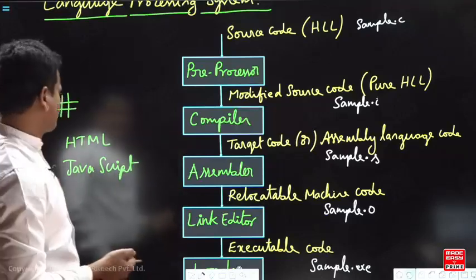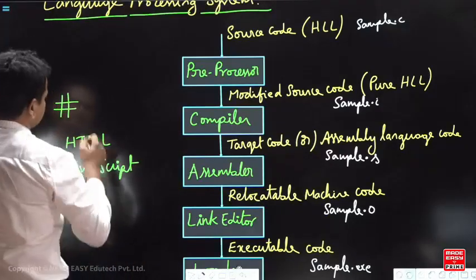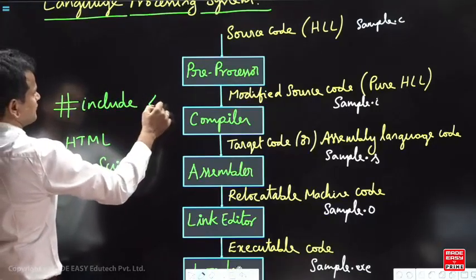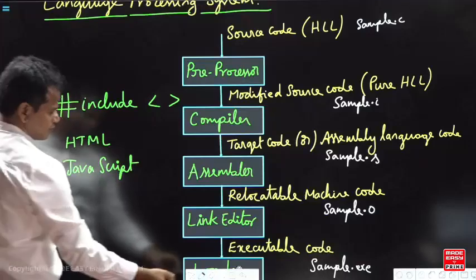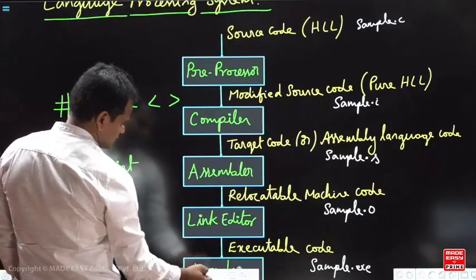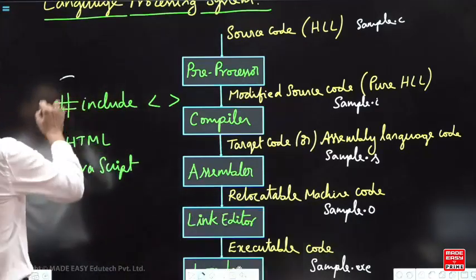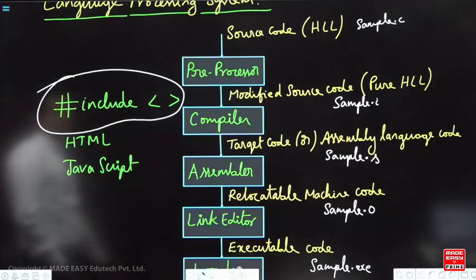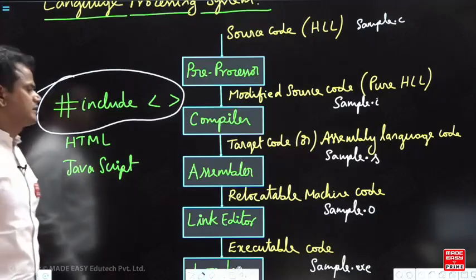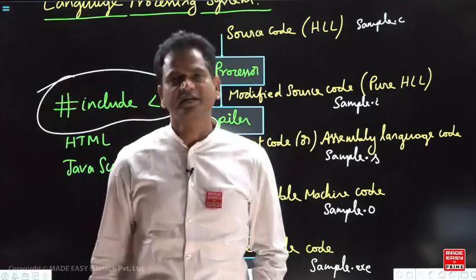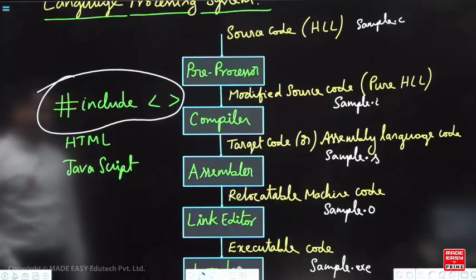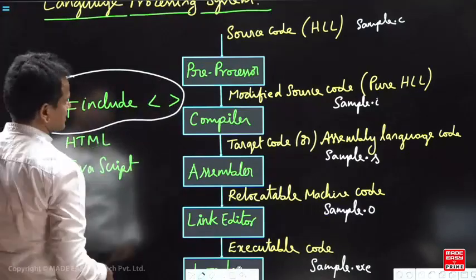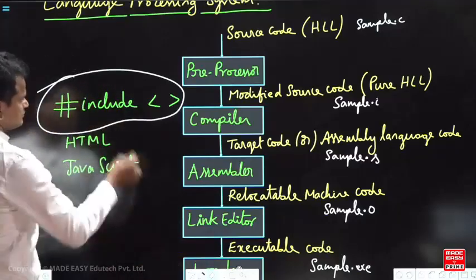Example, the languages which do not support hash include do not require pre-processing. Done.